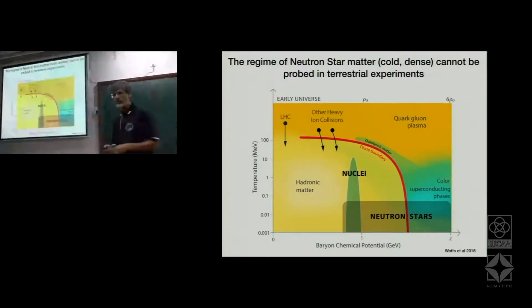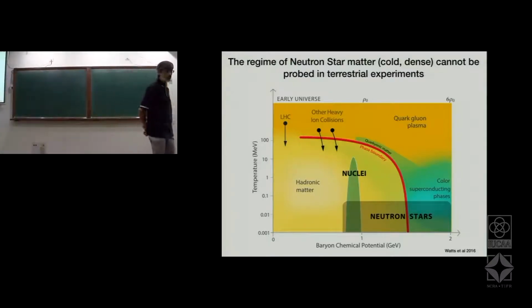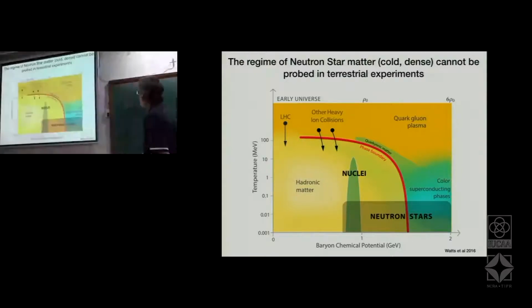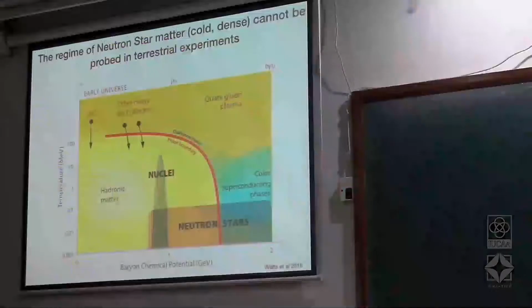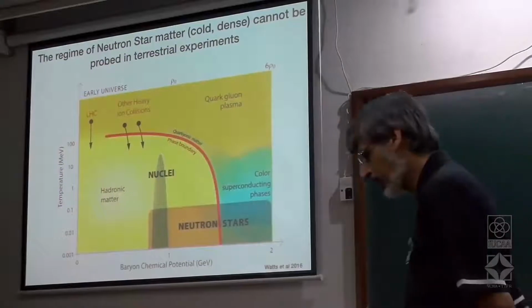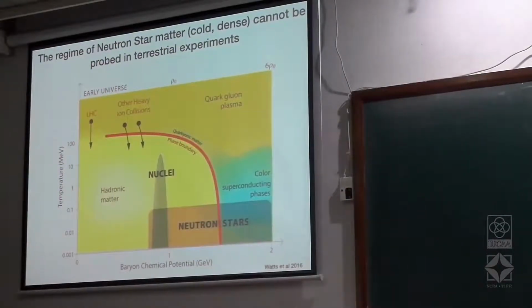Now all that is possible in the lab, and accelerator energies are becoming higher and higher. We can do that, for example, in the LHC and so on. But once you make this collide, the material becomes extremely hot. So you can measure interaction at short distances for very hot nuclear matter.